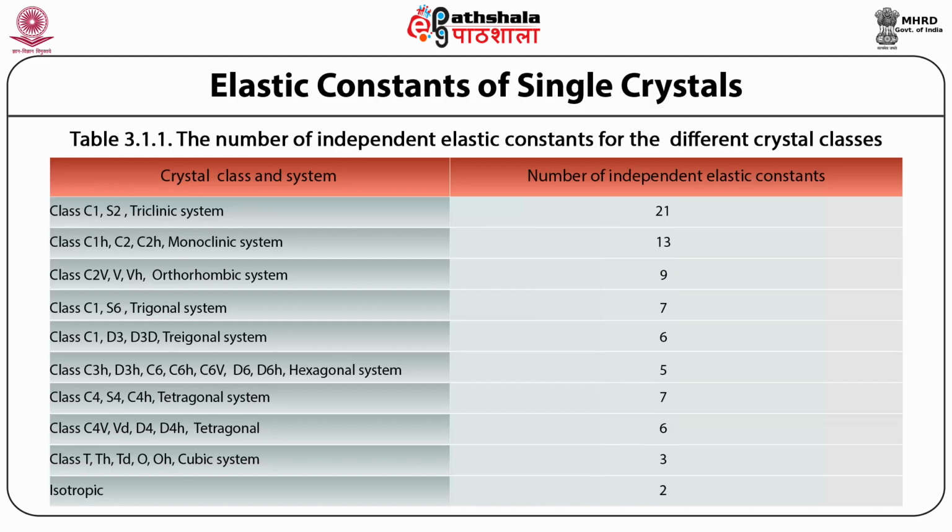As you can see over here, for class C1, S2, the triclinic system, there is the maximum number of independent elastic constants, and below that we have the classes C1h, C2, C2h, the monoclinic system, having 13 independent elastic constants, and the minimum number of independent elastic constants occurs for the isotropic class and system.